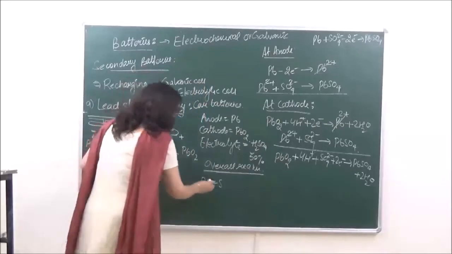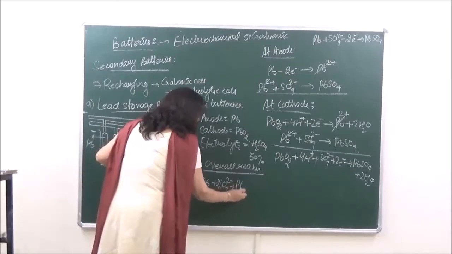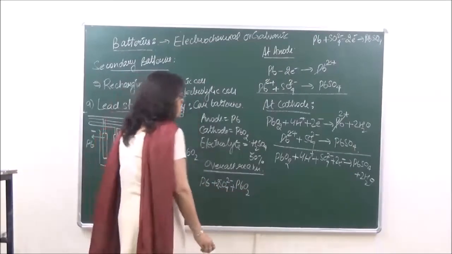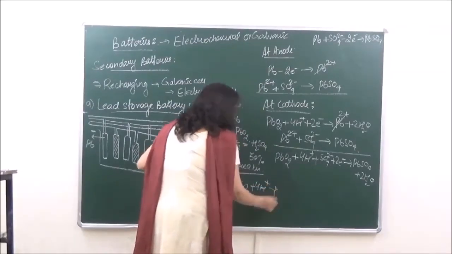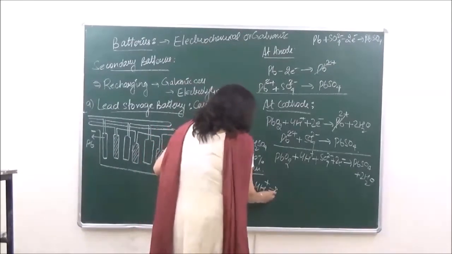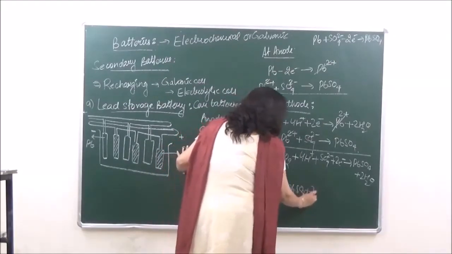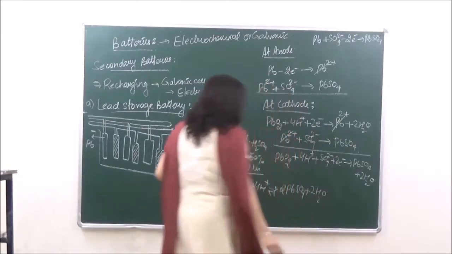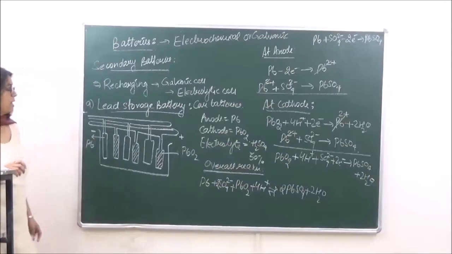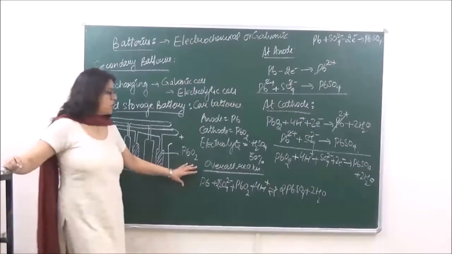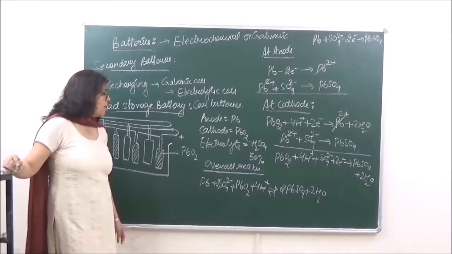So we have Pb plus 2 SO4 2- plus PbO2 plus 4H+ to give us 2 PbSO4 plus 2H2O. Okay, so this is the overall reaction of the lead storage battery.